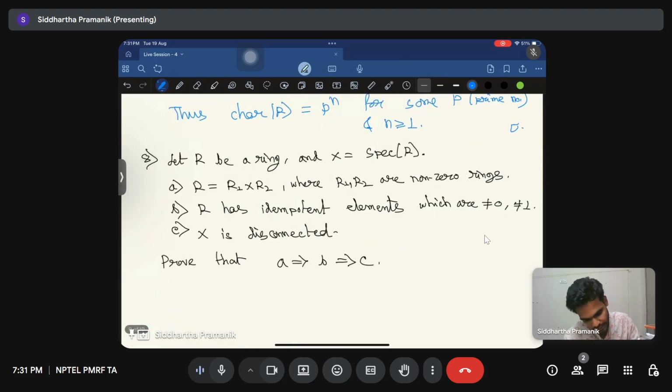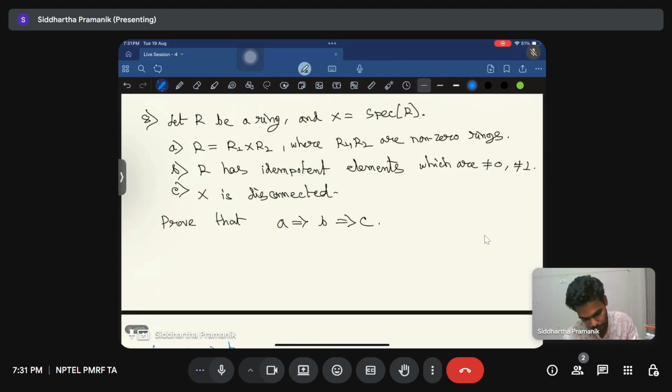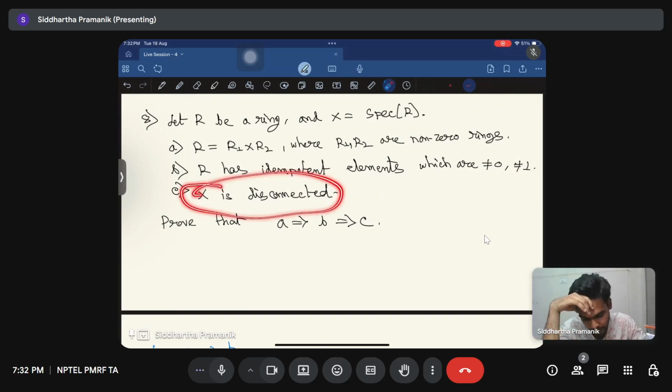Now B implies C. We need to prove that if R has idempotent elements which are neither 0 nor 1, then its prime spectrum has to be disconnected.